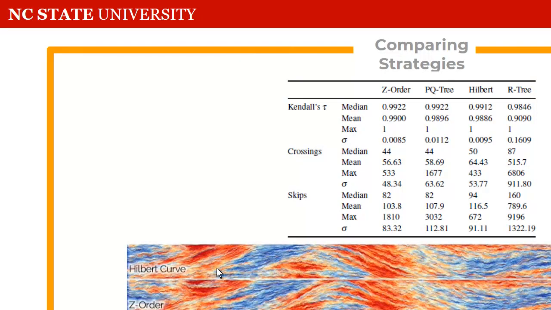And looking at the differences between the spatial indexing methods, we can see that the Hilbert curve, the z-order, and point quadtree methods have somewhat similar visualization, but the R-tree seems a bit confusing here.